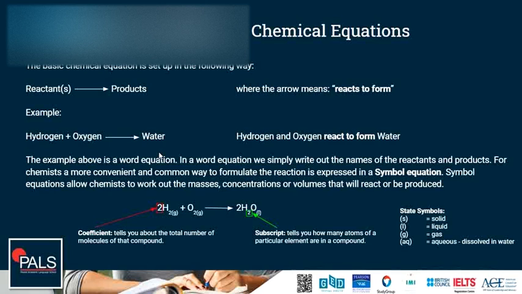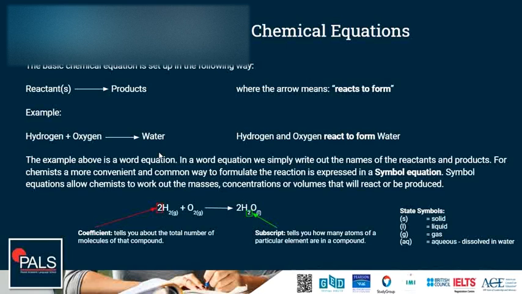For chemists, a more convenient and common way to formulate the reaction is expressed in a symbol equation. A symbol equation allows chemists to work out the masses, concentrations, or volumes that will be needed to react and produce a certain amount that is wanted by the chemist.